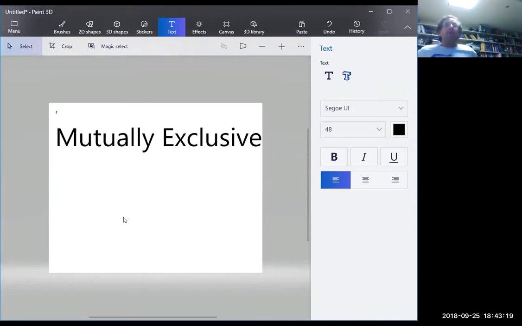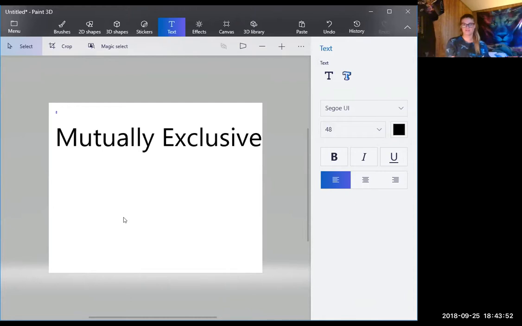So an example of that, let's suppose event A is that you were born in America, and event B is you were born in China. Now, why are those mutually exclusive? Because they both can't be right.